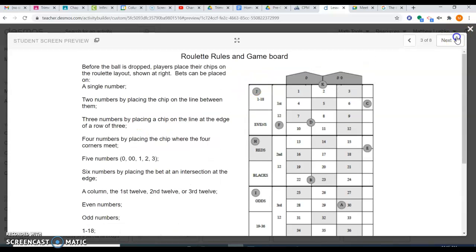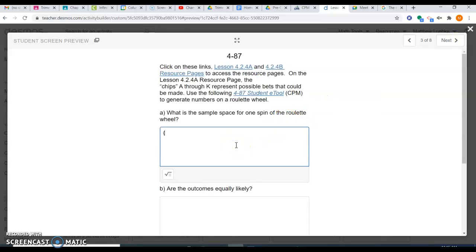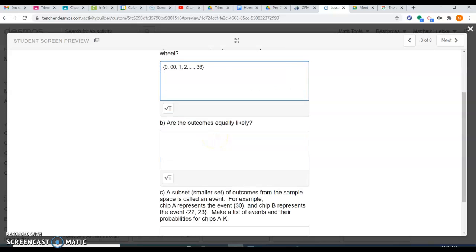So those are all possible outcomes, and so we say the set is 0, 00, 1, 2, and just to save time, I put a dot, dot, dot, all the way to 36, talking about all those numbers in between 2 and 36 also included in this sample space.